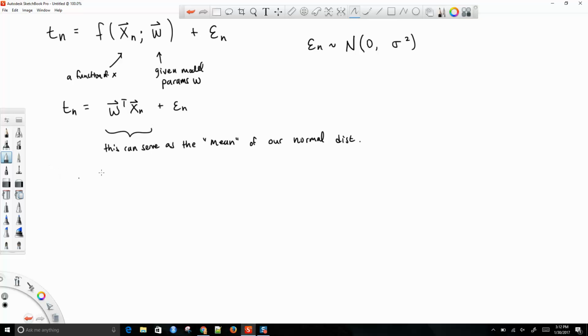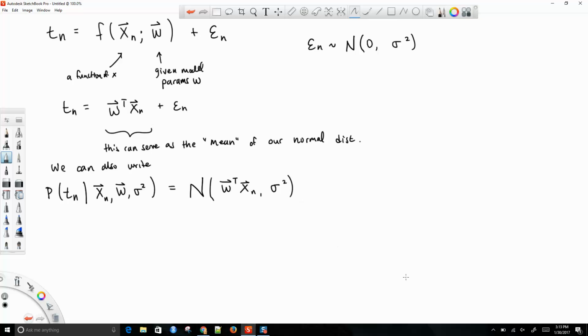So we can also write that the probability of t sub n given the values x sub n, w, and sigma squared is equal to the normal distribution where the mean is w transpose x sub n, with variance sigma squared.